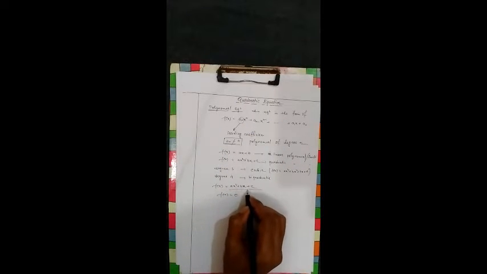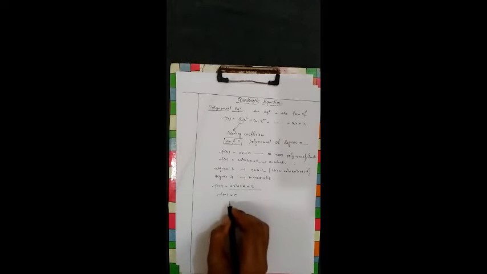Similarly, for this quadratic polynomial, this will be called a quadratic equation if and only if f(x) is equal to 0. That means ax square plus bx plus c equal to 0. This is a quadratic equation, also known as the general expression of a quadratic equation.